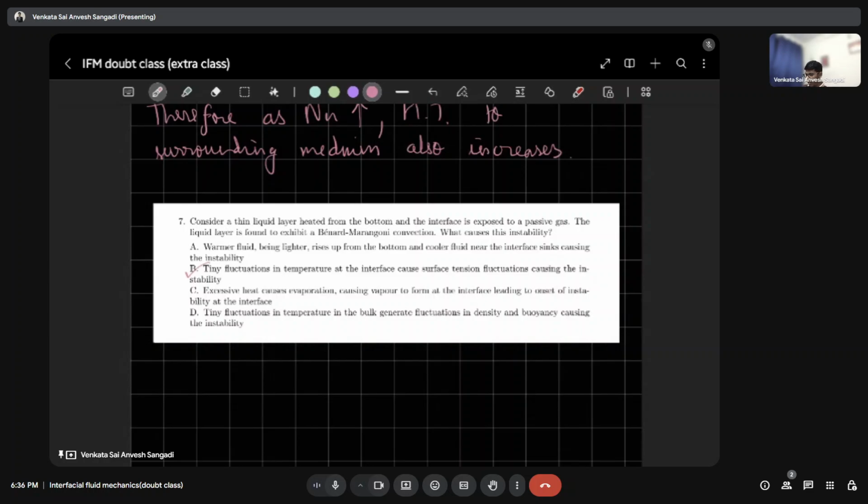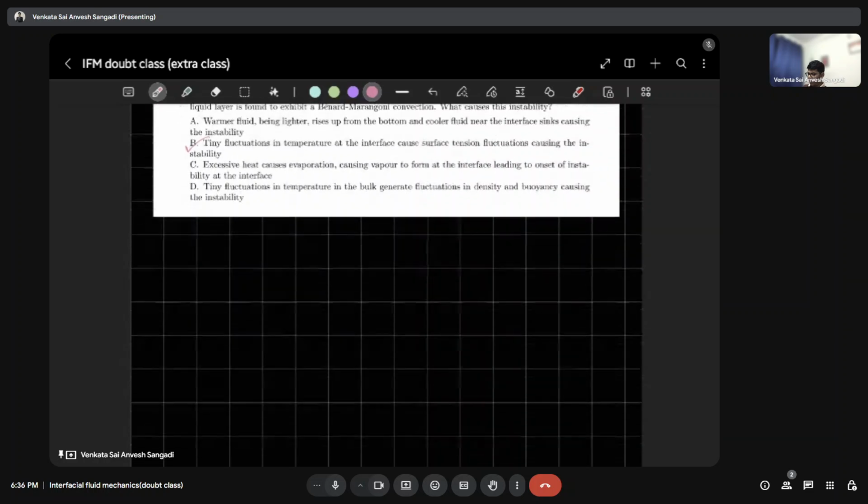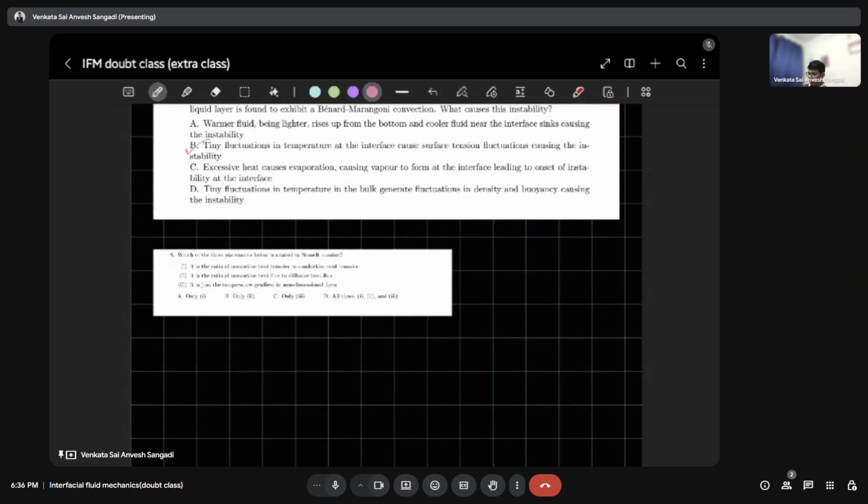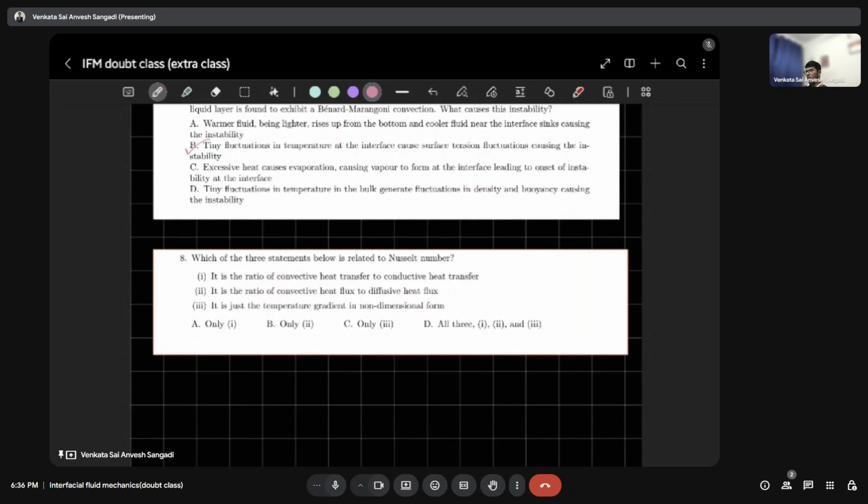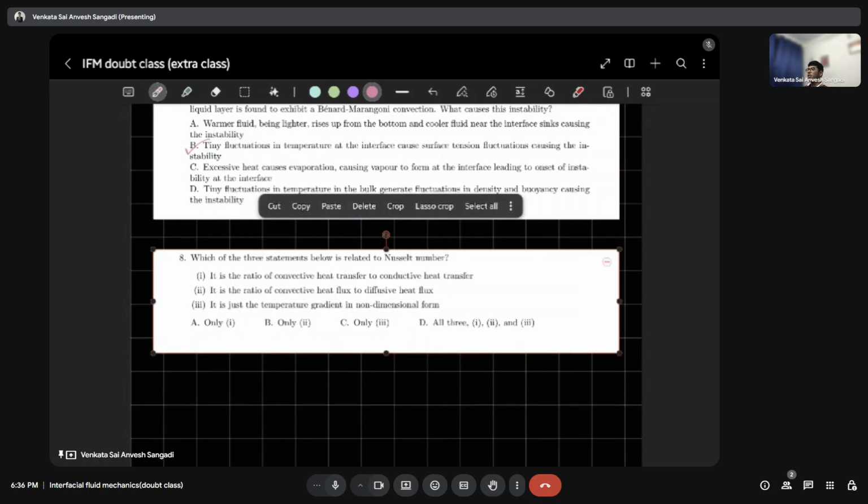And the next question says, which of the three statements below is related to Nusselt number? The Nusselt number is the ratio of convective heat transfer to conductive heat transfer.